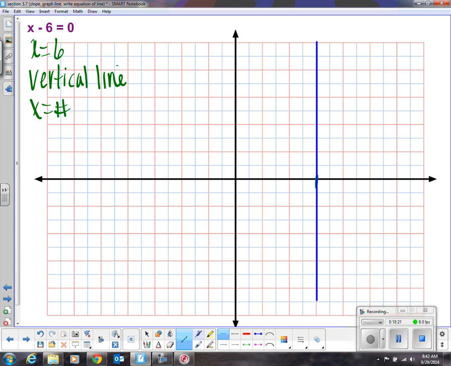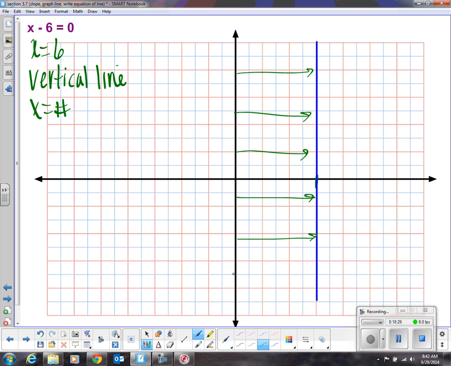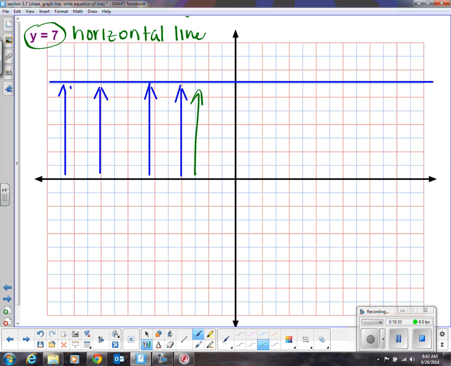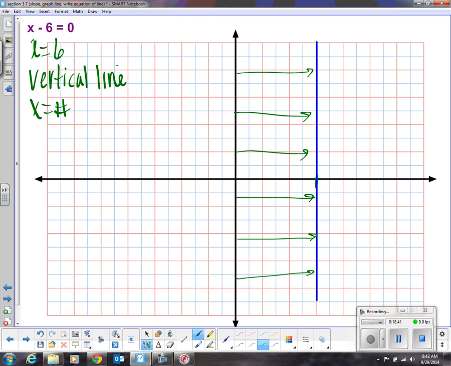Because now what we want is every single x value on this line to be 6. What about the horizontal line? On the horizontal line, we wanted every single y value to be 7. It couldn't be anything else. For x equals 6, you go over on the x-axis 6 units, and draw a vertical line that intersects it.